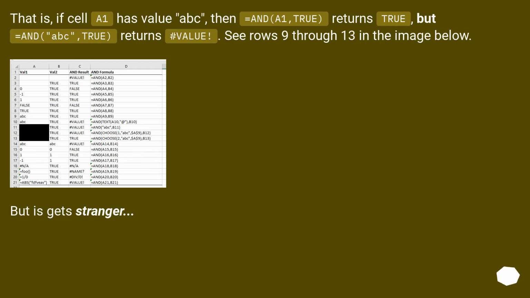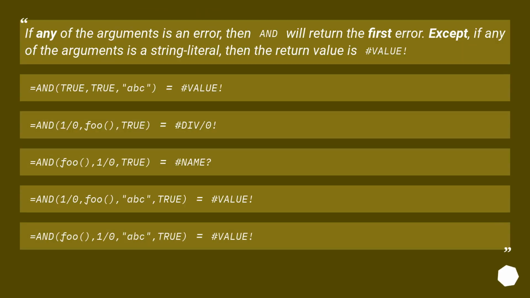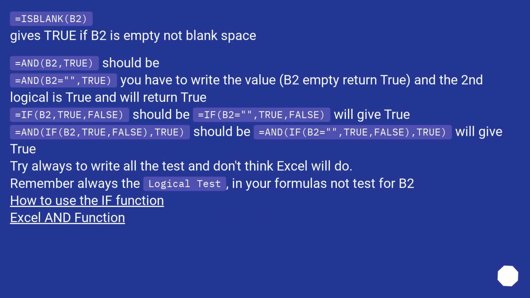But it gets stranger. =ISBLANK(B2) gives true if B2 is empty, not blank space. =AND(B2,TRUE) should be =AND(B2="",TRUE).